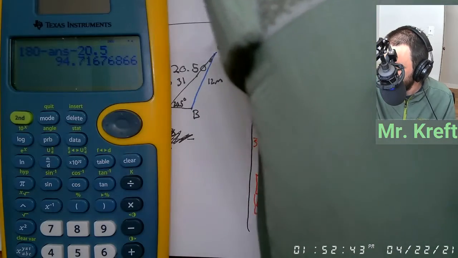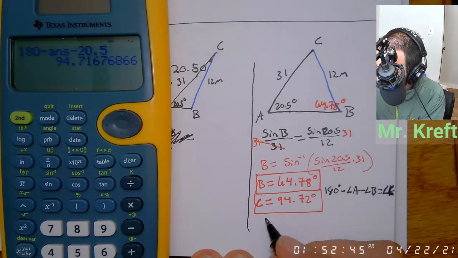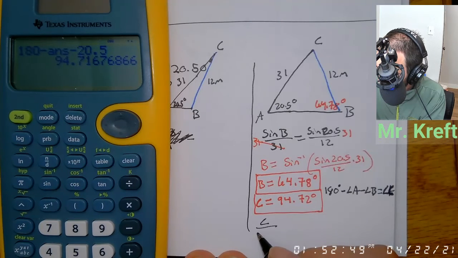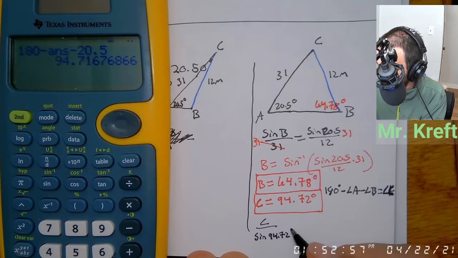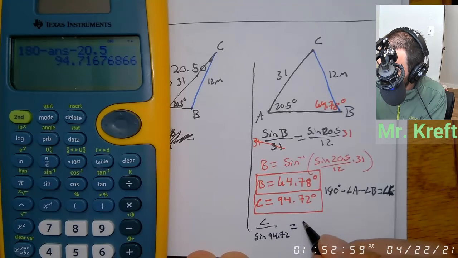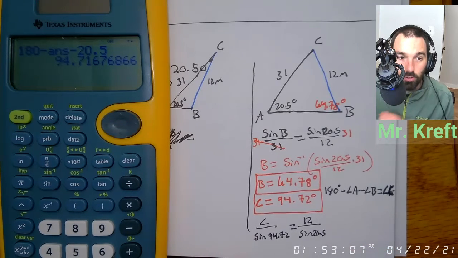So I'm going to have to solve for side C. So side C over sine of angle C, so sine of 94.72, equals, and then we can do, let's do A. So side A over sine of 20.5.